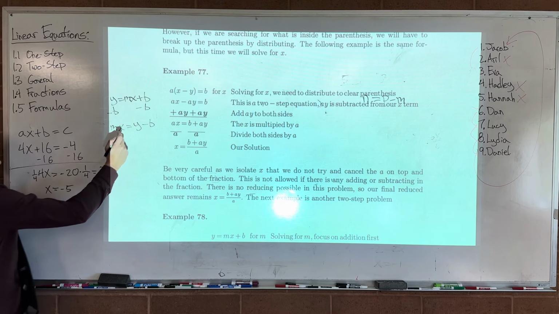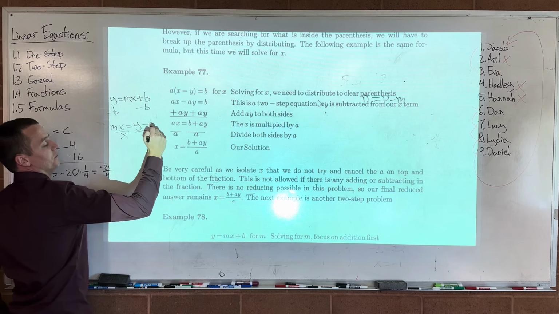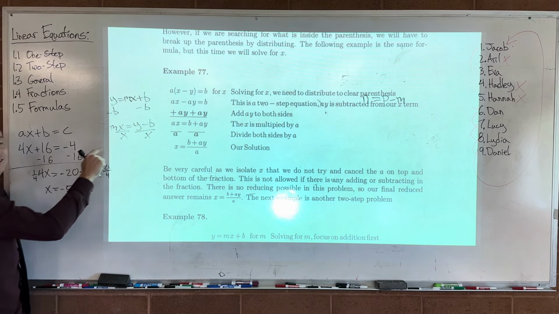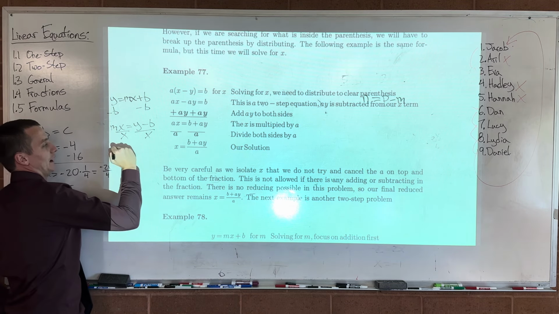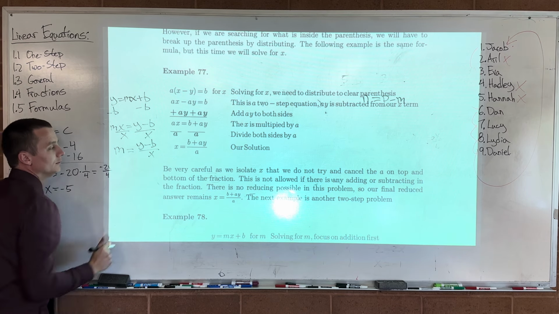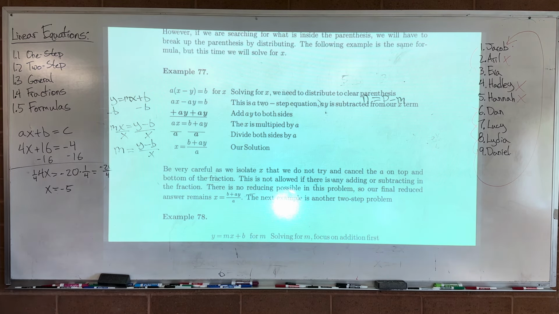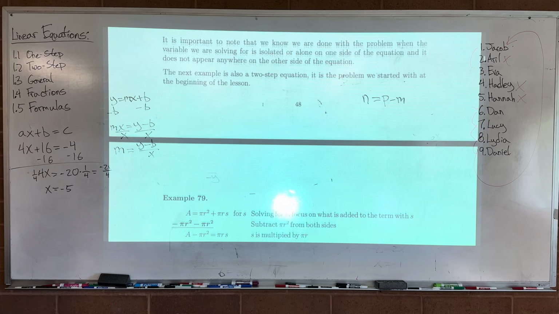You're going to be tempted to say we're solving for x. No, we're solving for m. So x over x is 1 times m is m. Fantastic. m is equal to y minus b over x. Just manipulating different expressions like this.